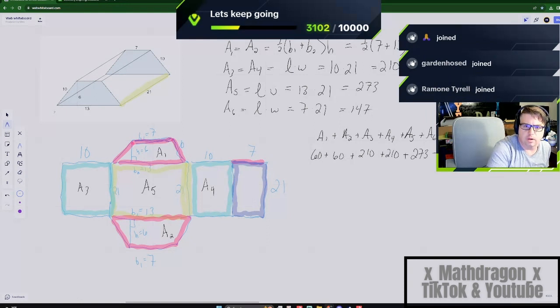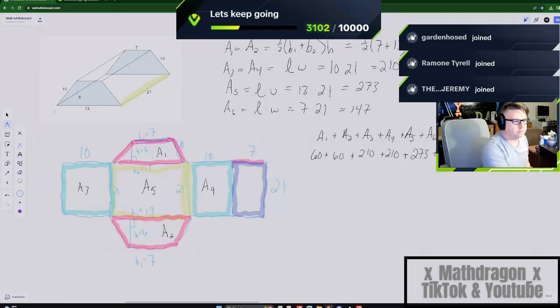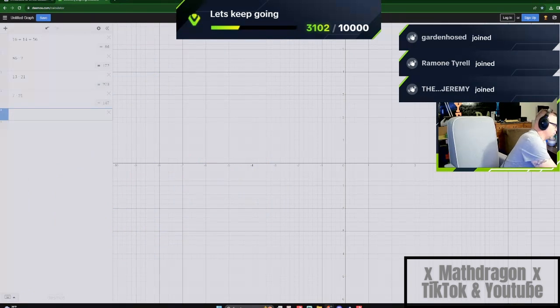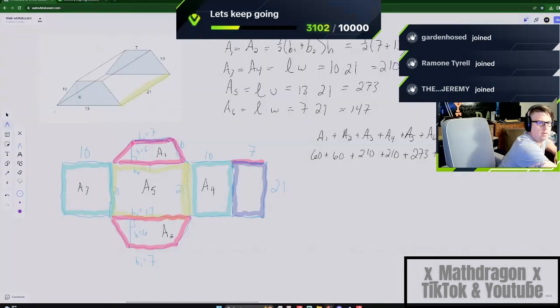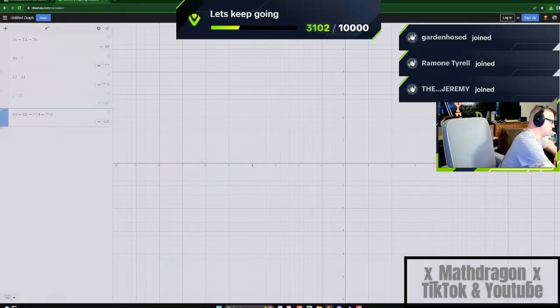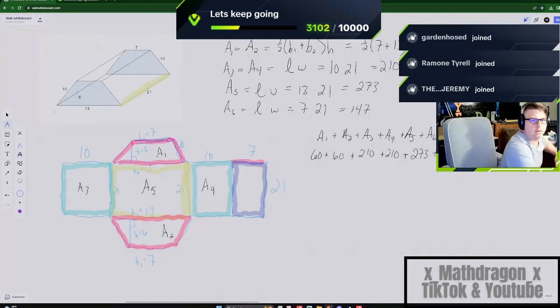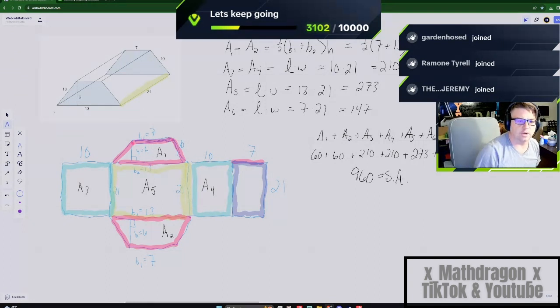A5 is 273, and then 147. So 60 plus 60 plus 210 plus 210, 273, 147 is 960. So 960 is our surface area for this figure.